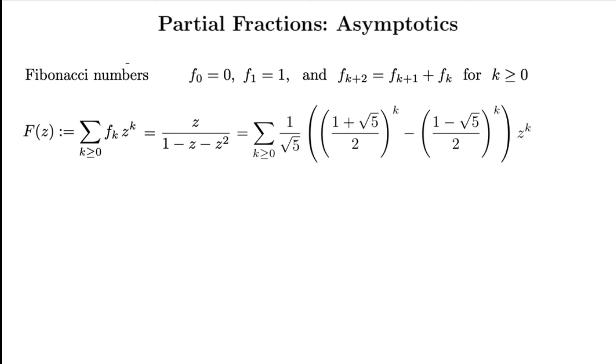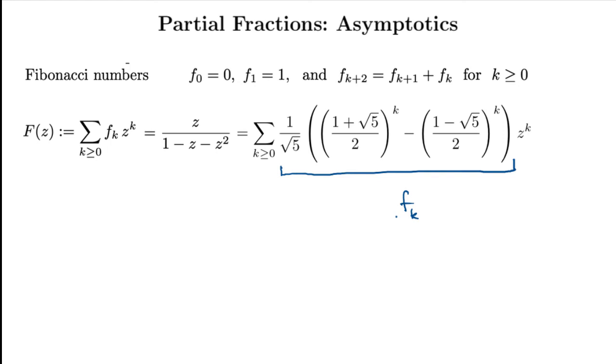Let me remind you, when we had the Fibonacci sequence, we considered the generating function, realized that this is the rational function z over 1 minus z minus z squared. And if you do partial fractions on this rational function and then collect coefficients, you get this formula over here for the kth Fibonacci number.